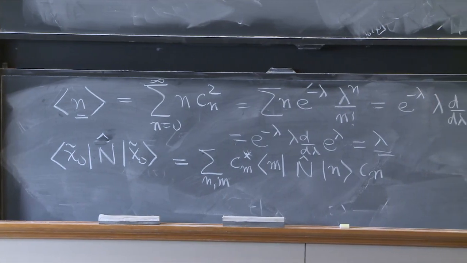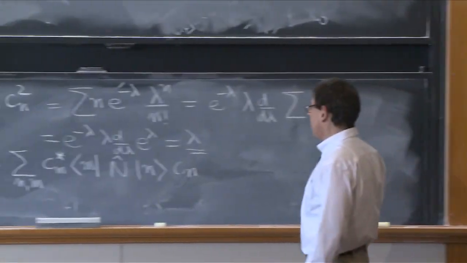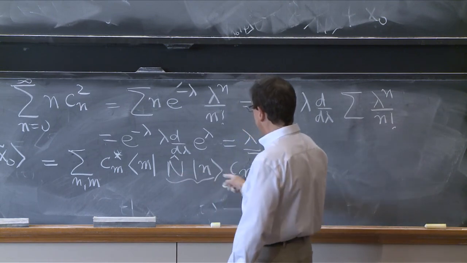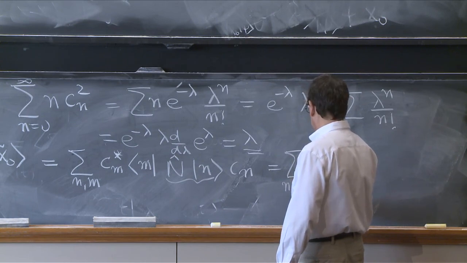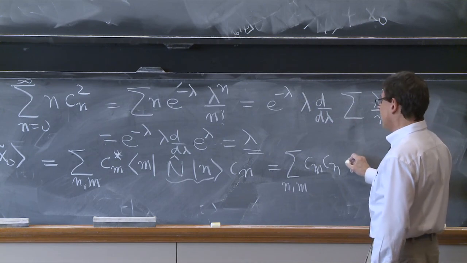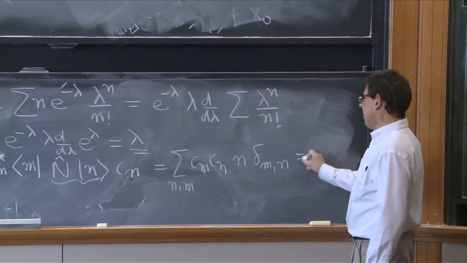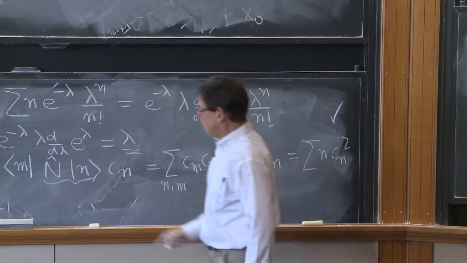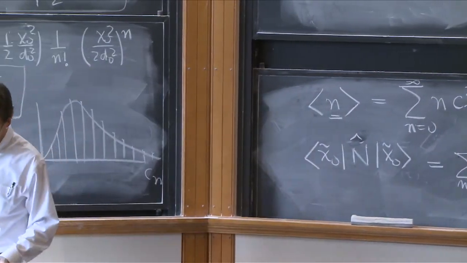I've substituted x0 and x0 dagger. The c's, in fact, are real. And then the number operator on here is little n, and then you get the Kronecker delta. So this is the sum over n and m, c_m, c_n, it's real, and then you get n delta mn. So this is, in fact, the sum over n of c_n squared times n. So what we wrote here is really the expectation value of the number operator.